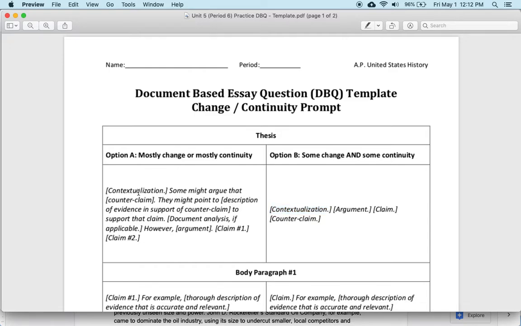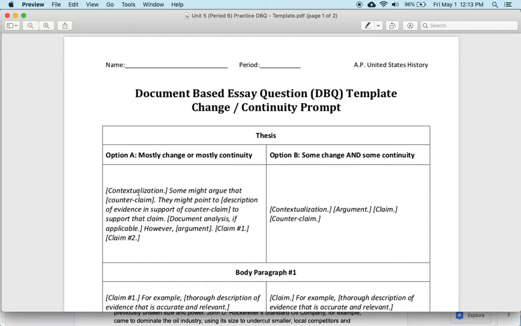I also want to note that this is a change or continuity question, so different from the kinds of questions you've been looking at these last couple of weeks, both of which were effect questions. And I suggest that there are 2 approaches to writing this essay. A, to argue that there was mostly change or mostly continuity.